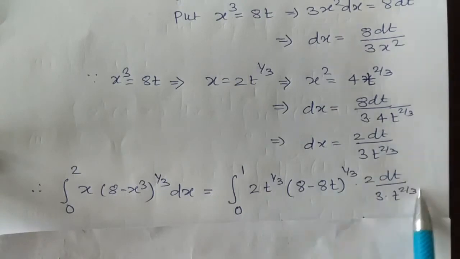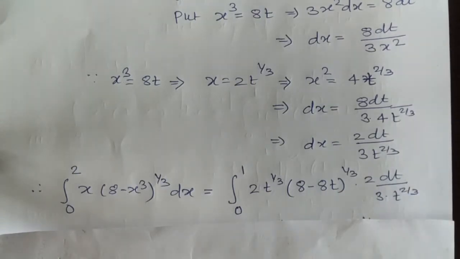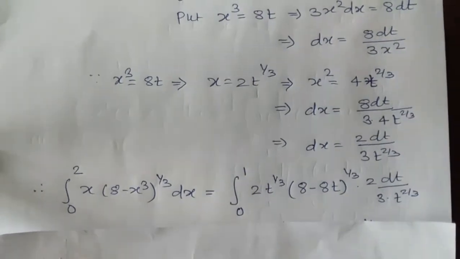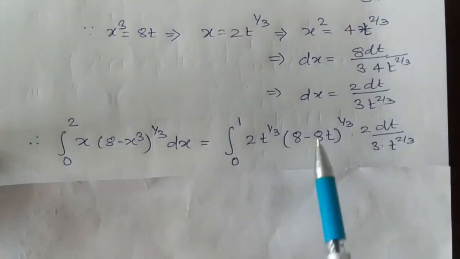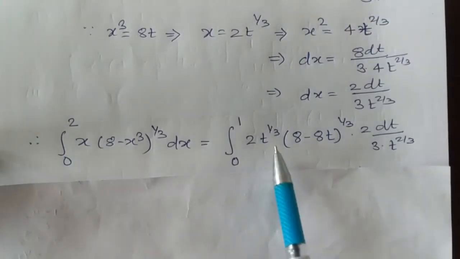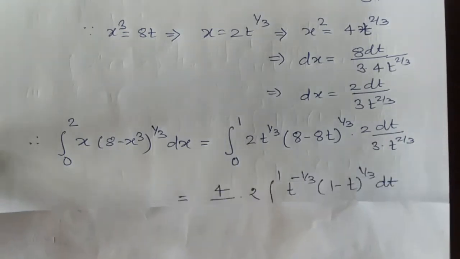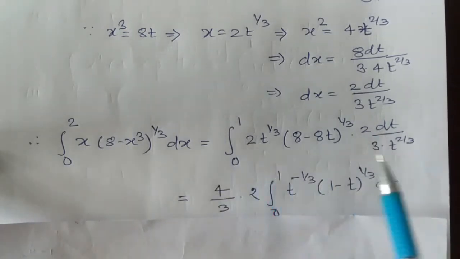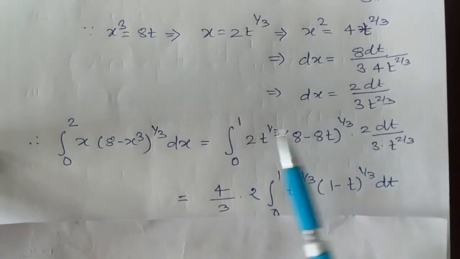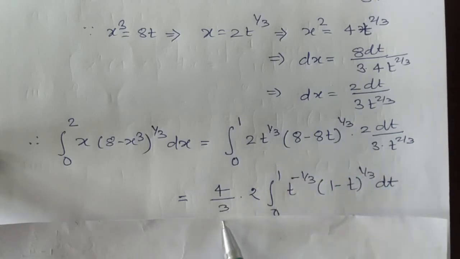and dx is 2 dt upon 3 into t power 2/3. Now we simplify. Here we take 8 common, then 8 power 1/3 becomes 2, and 2 into 2 is 4, so we have 4 by 3, times 2, which is 8 by 3.